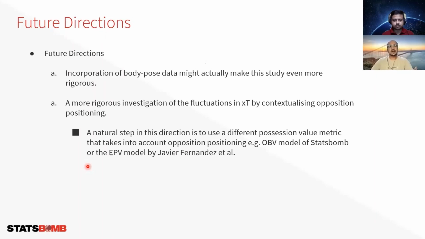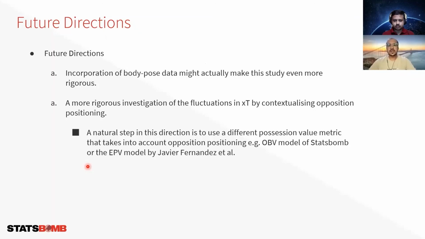And lastly, some future work that can be done if we have the right body pose data, which we talked about in the beginning, because we've had to sort of proxy what we define as turning with the ball by calculating angles. But if we have body pose data, it would make the study even more robust and rigorous.